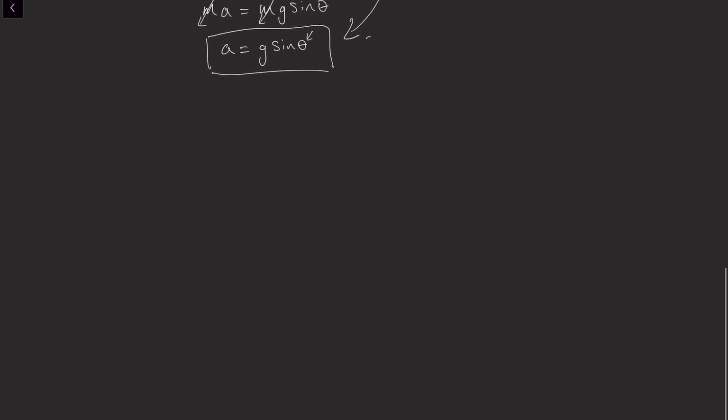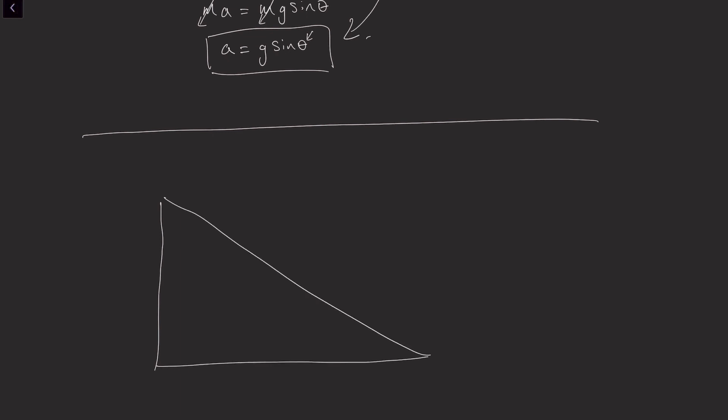So let's now use the problem of a block. I'm going to draw this triangle in the other direction now. There's a block now, let's say a 20 kilogram block, sitting on a slope with an angle 30 degrees to the horizontal. Let's say now that this slope is 100 meters long.